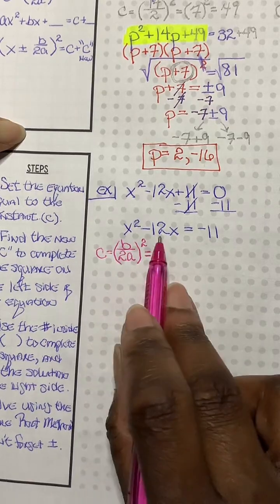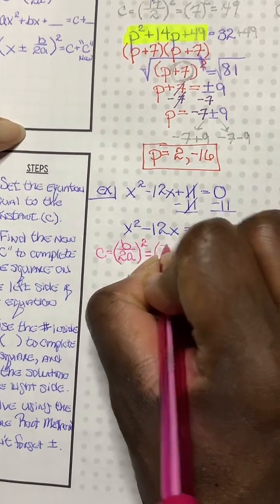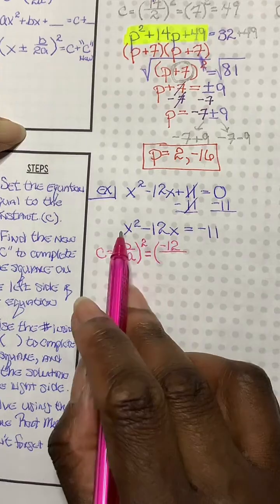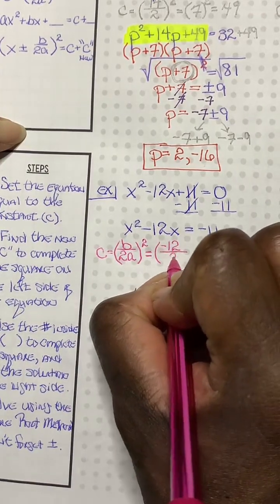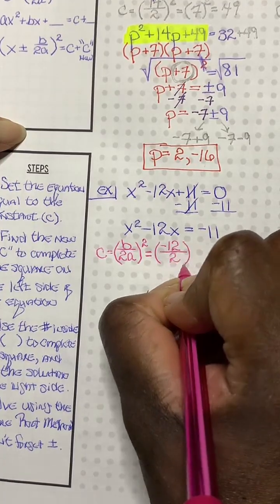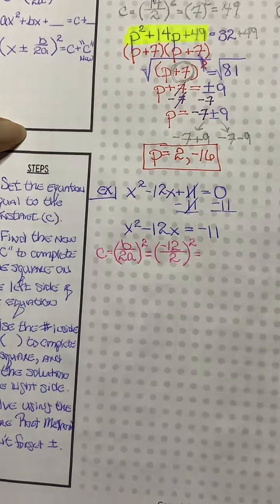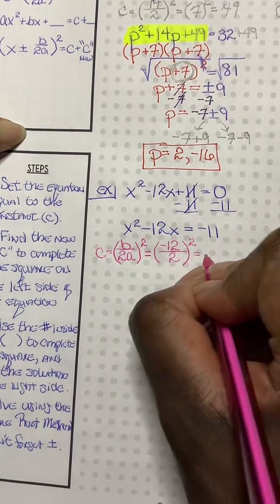All right. So yes, our B, very close. Our B is a negative 12. We have to make sure we get the sign. Over 2 times our A is 1, so that means we're going to have 2A, and then we're going to square it. Just like PEMDAS, we do what's inside the parenthesis.